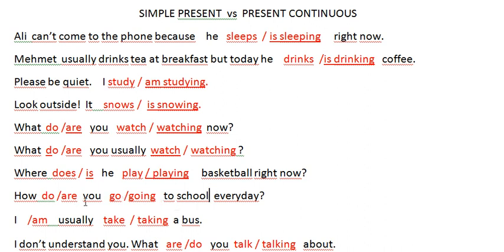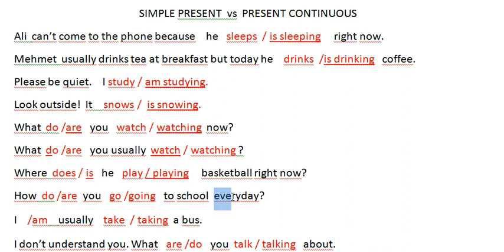If I say how do you go to school, it means I just want to know how you go to school, by bus or by train usually. But if I say how are you going to school, I'm talking to somebody maybe on the phone, asking how are you going to school? And he can say, oh, I'm going by bus, I'm going by train.